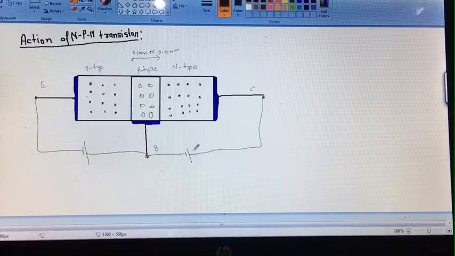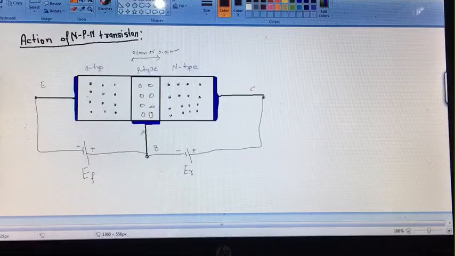This is positive terminal, this is negative, this is positive terminal, this is negative terminal. This is forward bias applied across the N and P type emitter and base, and this is reverse bias applied across collector and base.